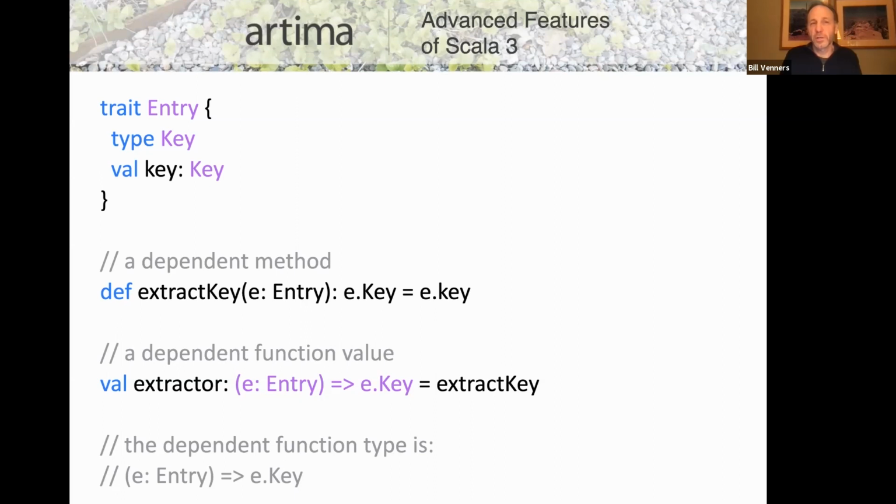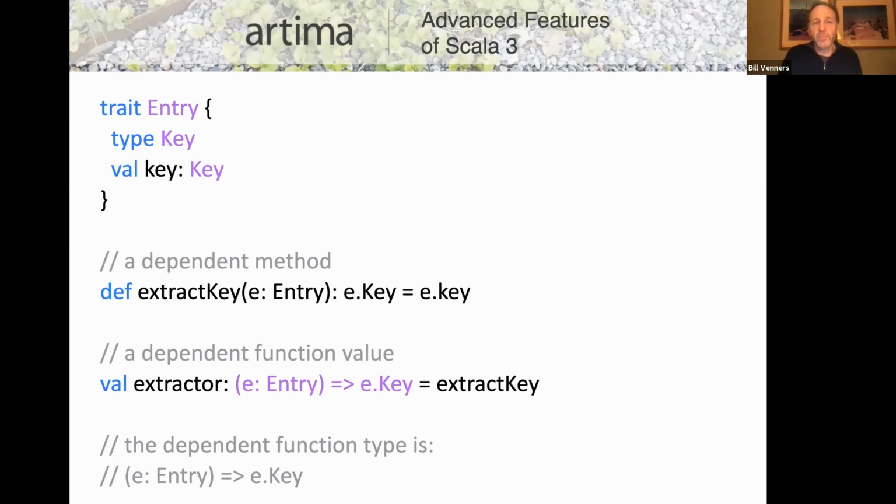That's an abstract type. So to have an instance of entry, I have to have a class that extends entry and fills in some type for key. So let's say type key equals string: class string entry, type key equals string, or a class int entry, type key equals int. So I have some concrete subclass.